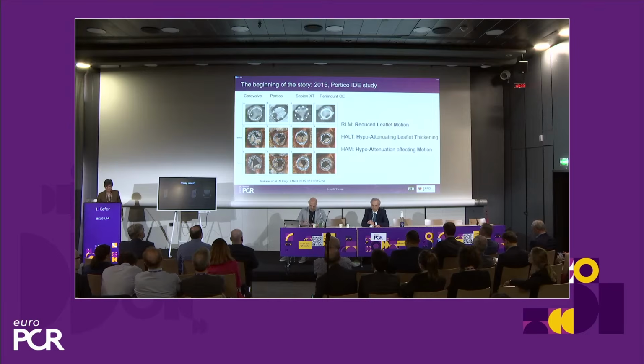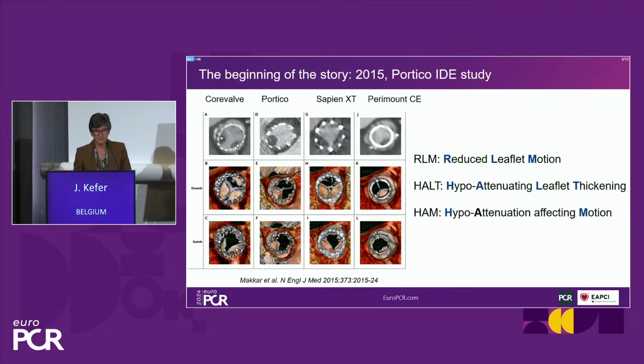As you know, and as explained by Nicolas just before, the beginning of the story of HALT is a patient included in the Portico ID study who underwent a CT scan because he was included in the scientific study.